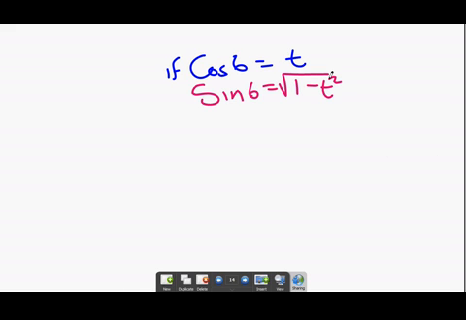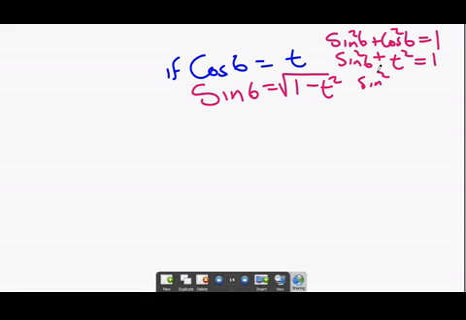How did I find that sine 6? Because I know that sine squared 6 plus cos squared 6 is equal to 1. And I know that cos 6 squared is actually t squared, plus sine squared 6 is equal to 1. So sine squared 6 is equal to 1 minus t squared. And then sine 6 is just going to be square root of 1 minus t squared.